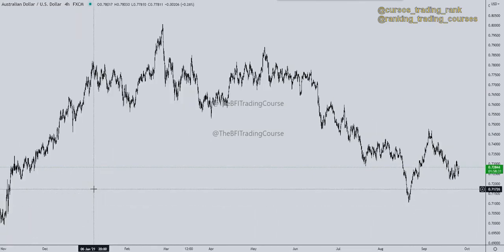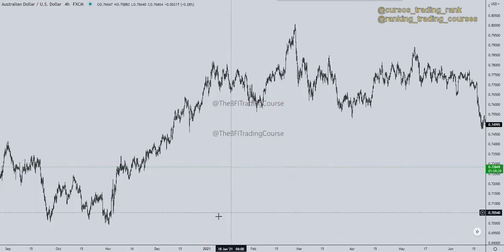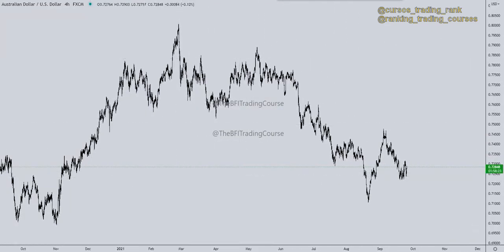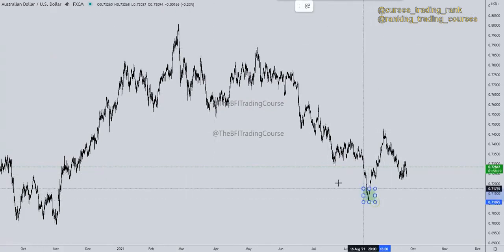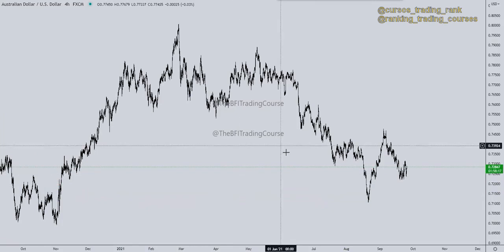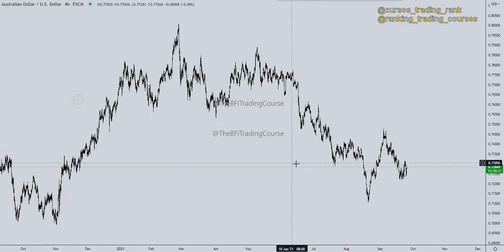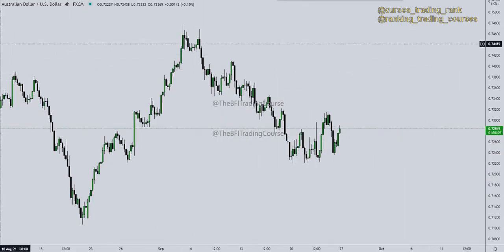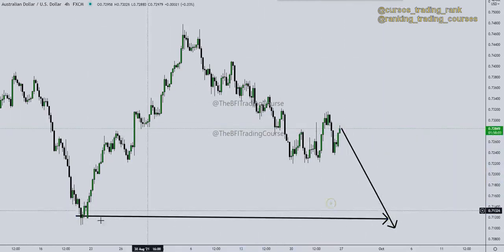So you may have a reaction here to the left, as this range or move may have originated from this cluster here. So we want to be careful if it were to come back to this 4 hour range.